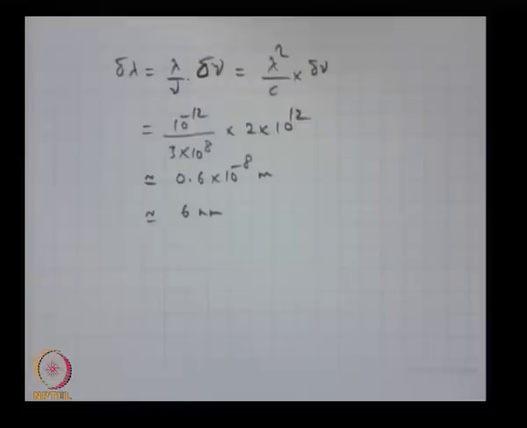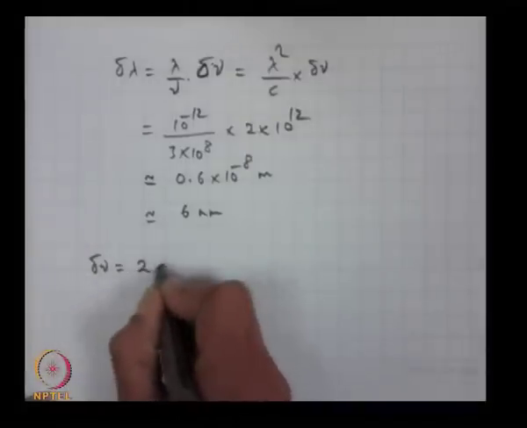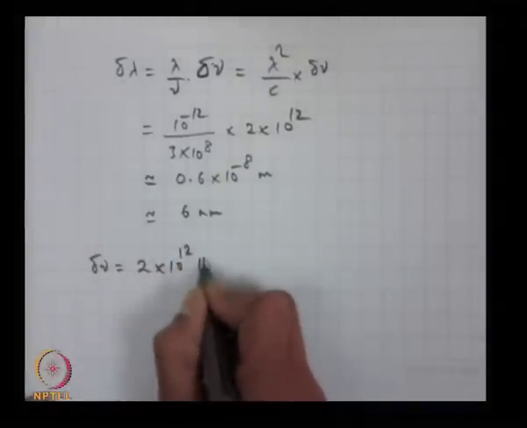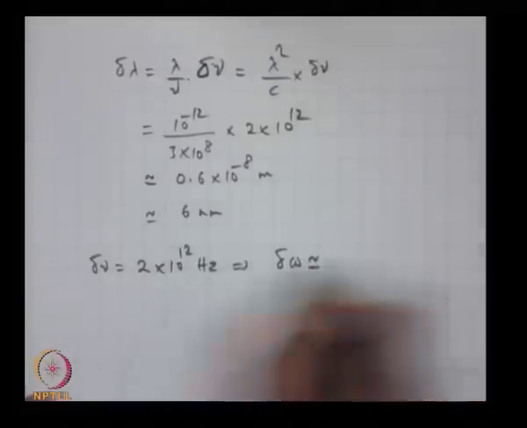Okay, so what is the minimum width to which this pulse can be compressed? Suppose I assume that this is the spectral width of the pulse, 2 terahertz. So if I have a pulse with delta nu equal to 2 10 to the power 12 hertz, this corresponds to delta omega of the order of 2 pi times this.